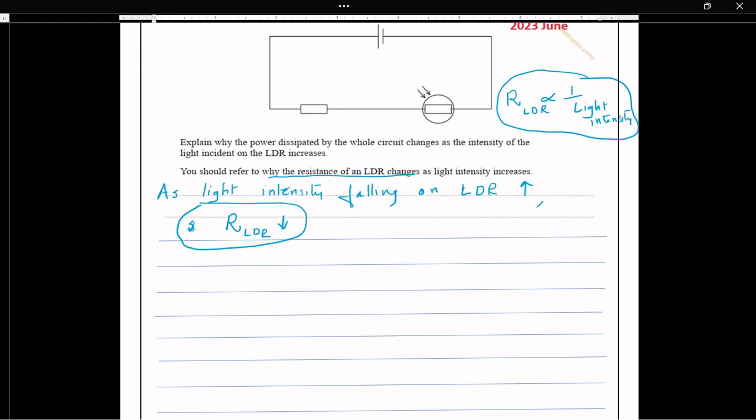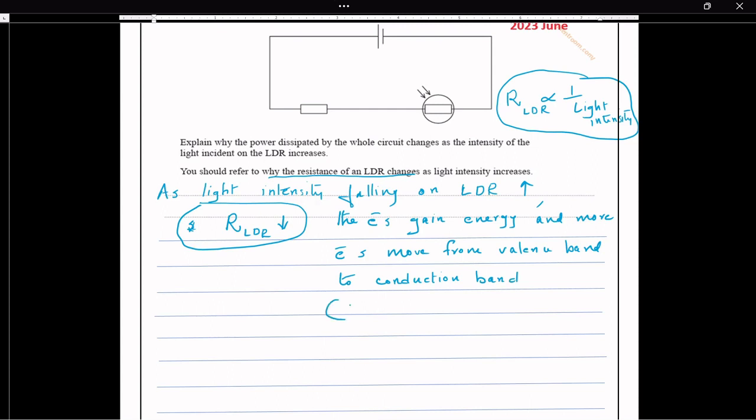As light intensity falling on the LDR increases, the electrons gain light energy, and more electrons move from the valence band to the conduction band, because the LDR is made of semiconductor material.